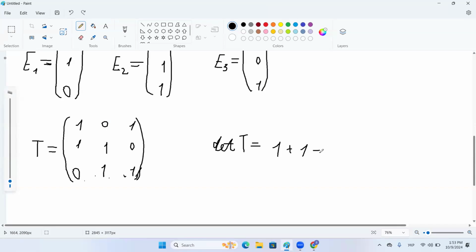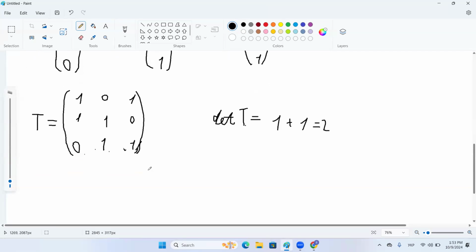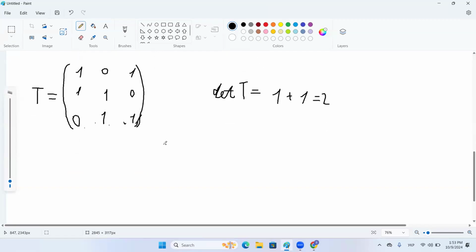So it just equals 2. Yeah, correct. And now let's find cofactors. Such an interesting task. Okay.